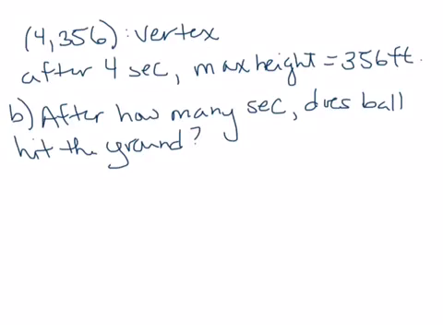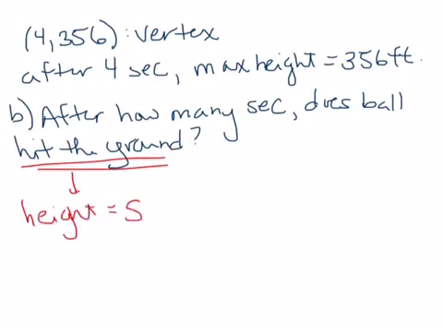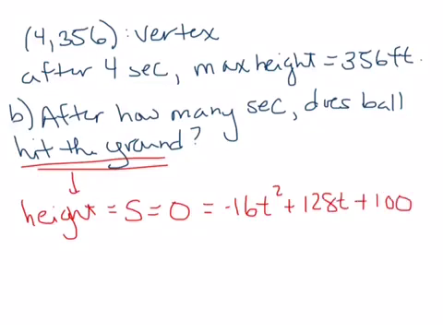Well, remember, if the ball is hitting the ground, that means that its height, in this case s, is equal to 0. Well, that means that our function, negative 16t squared plus 128t plus 100, must be equal to 0.